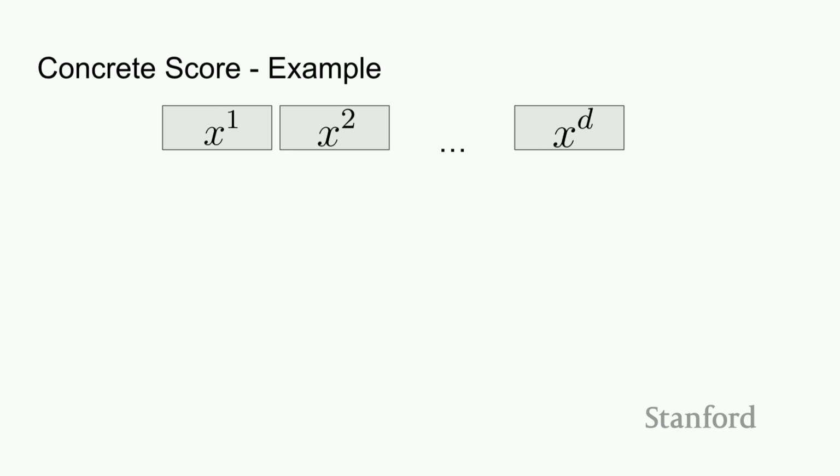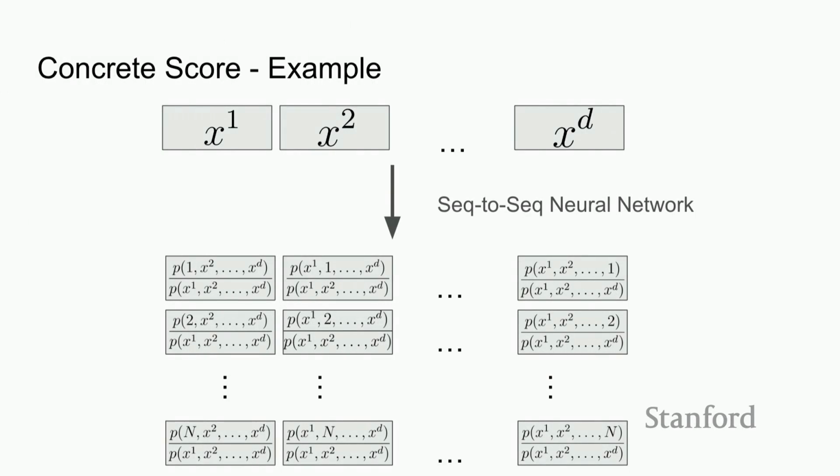If we feed into the neural network a sequence x1 to xd, and push it through a sequence neural network, we get out another sequence with another dimension attached. We have p(x1', x2, ..., xd) over p(x1, ..., xd), so we can directly model the ratios of all neighbors which differ at only one point this way. It's sequence to sequence: you go from a one-dimensional sequence to a d-dimensional sequence, so we just push it through a neural network in parallel.